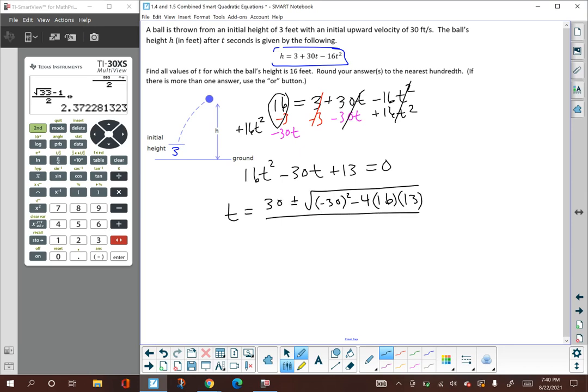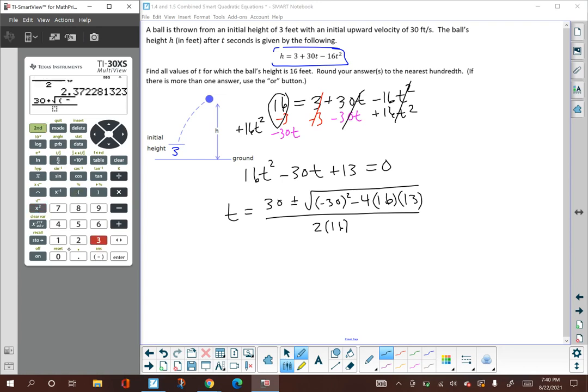So you won't have to have that memorized. It is on the formula sheet. Okay, so let's put that in our calculator. 30, let's see, fraction button, 30 plus the square root. And you can crunch that in your calculator.